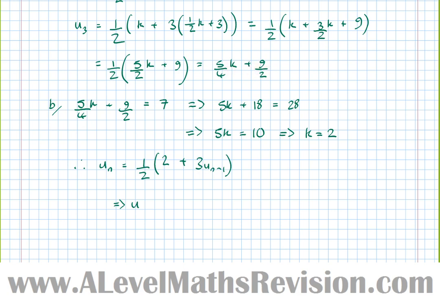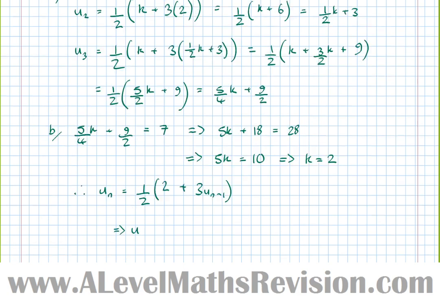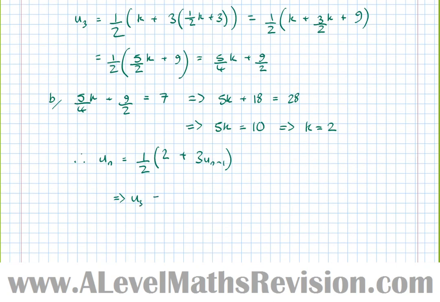We can get a number for U3, which we're told is 7. U3 equals 7, which means that U4 is 1/2 of 2 plus 3 lots of the previous term, which is 7, equals, I think we can shove that straight in the calculator. So 21 plus 2 is 23 over 2 is the answer. There we go.